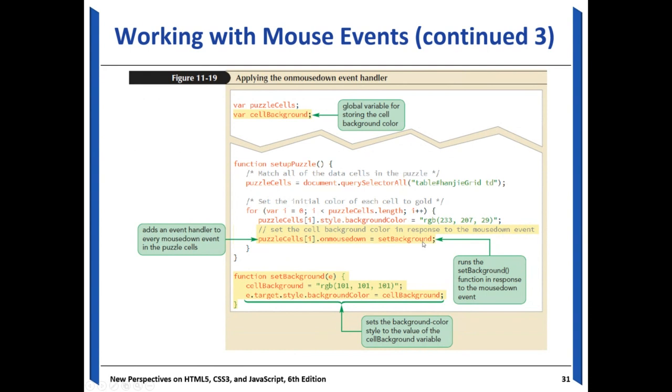This runs the setBackground function every time in response to the mousedown event. Once this is run, we set the background color style to the value of the cellBackground variable, which is set here.